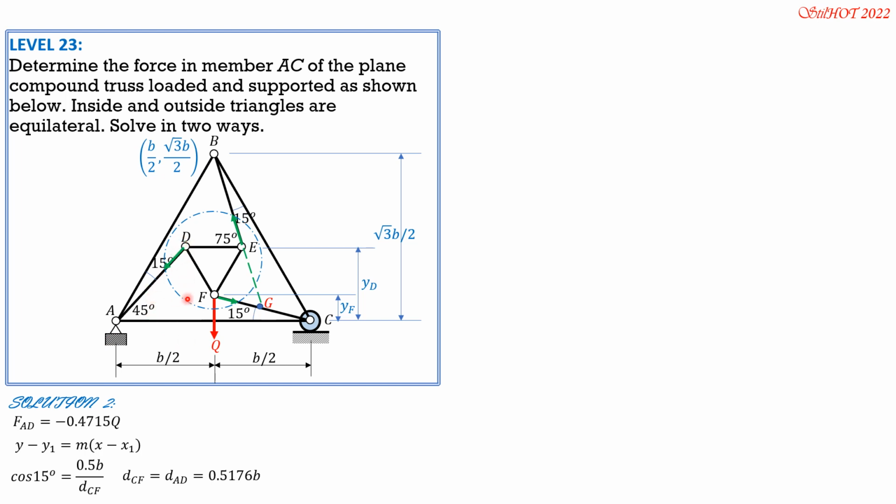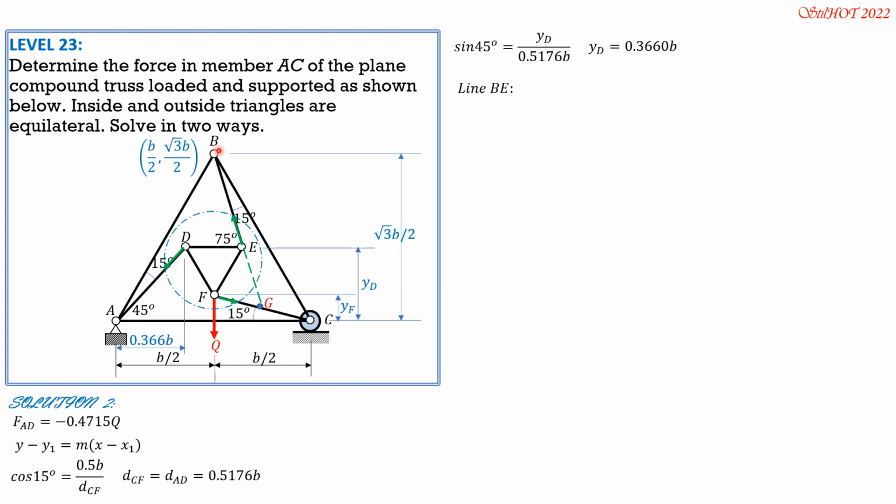Remember the opposite and adjacent sides of 45 degrees are equal. So sine 45 degrees is YD over distance AD, which is also 0.5176B. So YD is equal to 0.366 of B, which is also XD as shown. So this is also 0.366 of B.